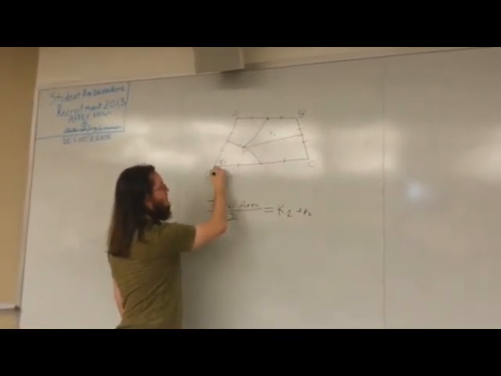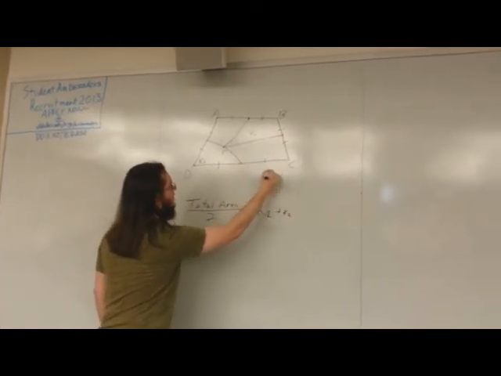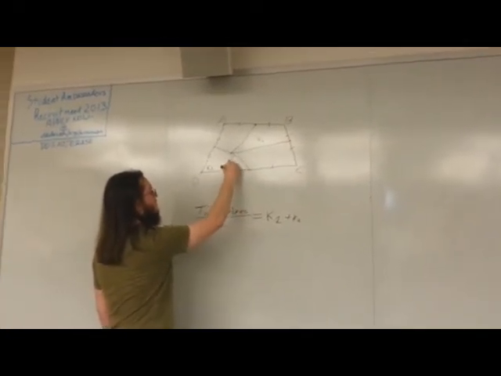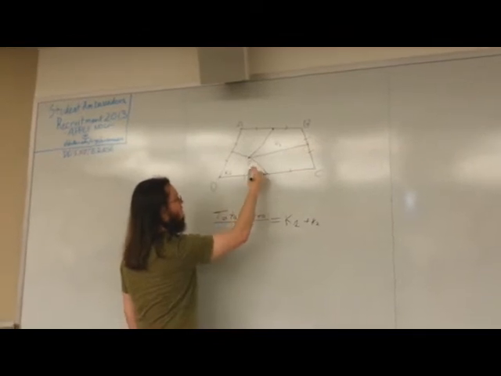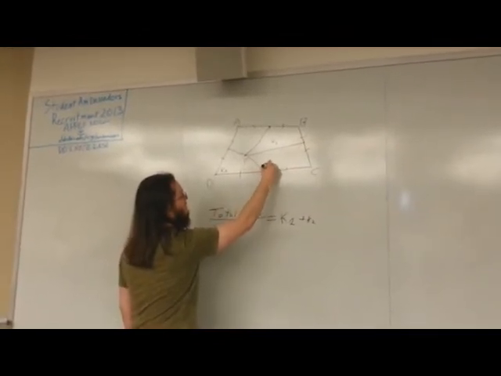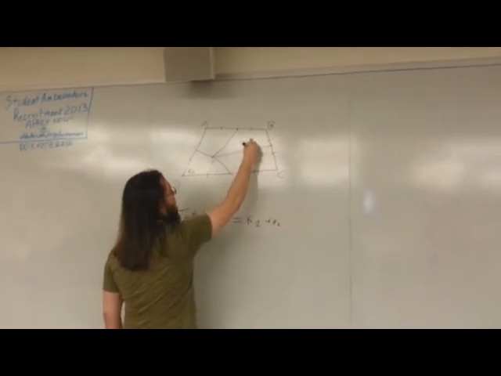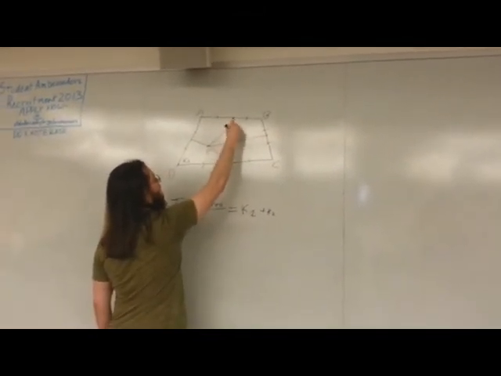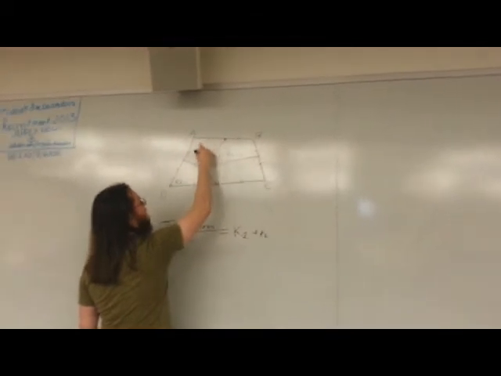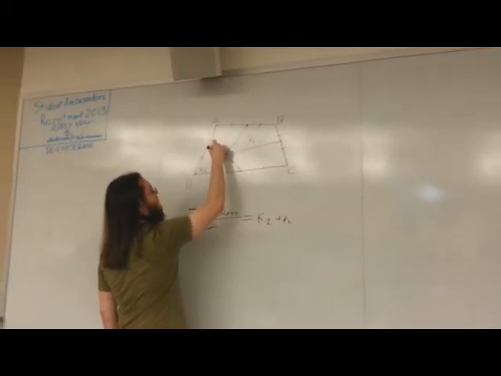This one shares the same base and height as this one, so their areas are equal. Lowercase k1, lowercase k2. Same is true here: K3, K4, here, and here.